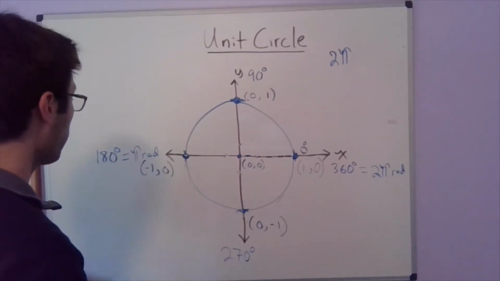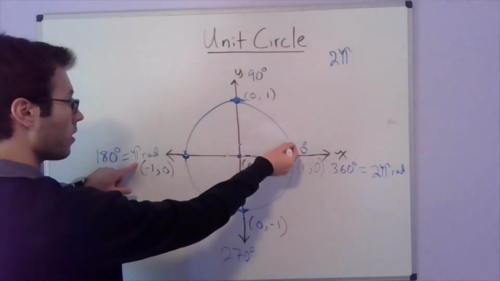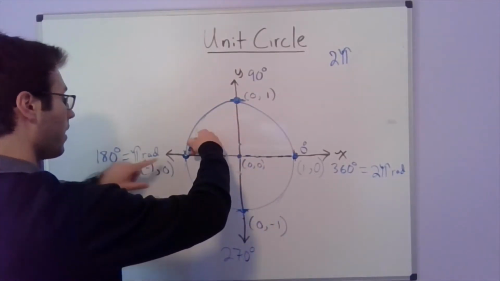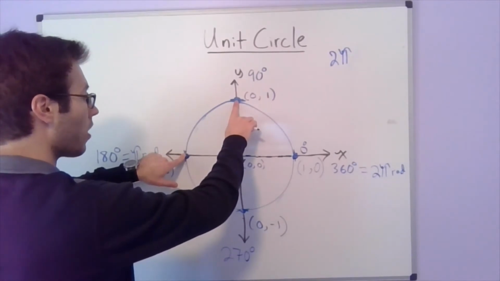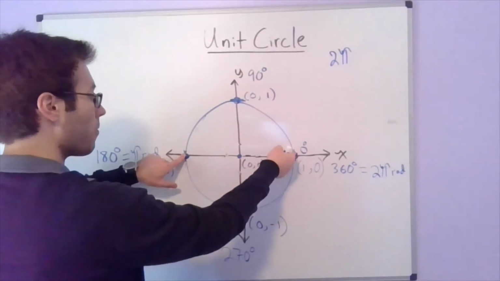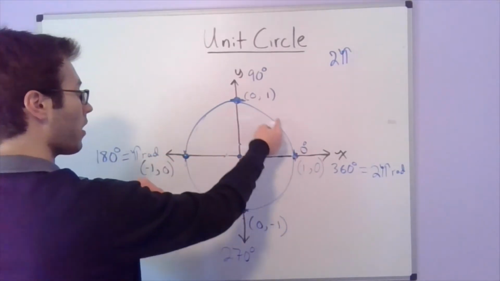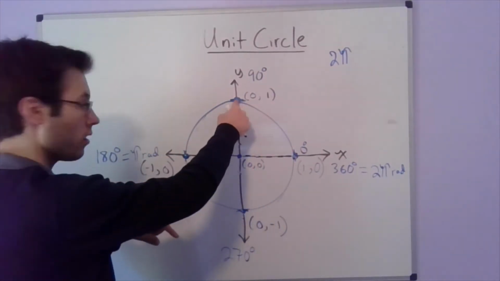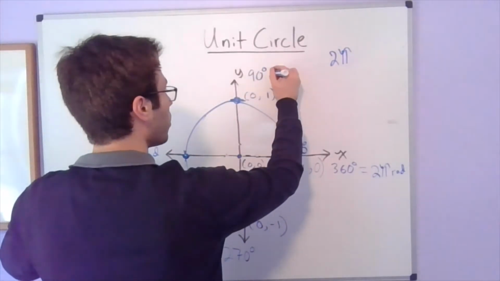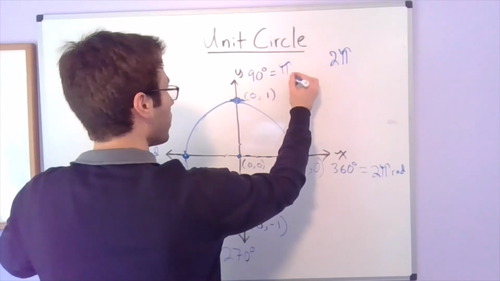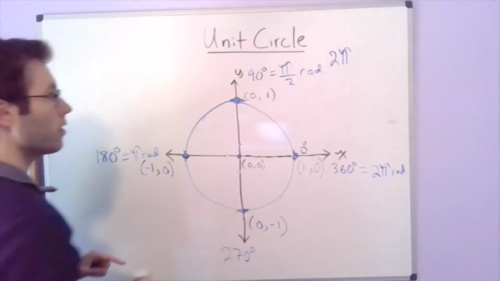Then, if we cut this in half again, think of this arc length from here to here, that's just half of it. So this is pi, so this must be pi over 2. Instead of writing 90 degrees, we could write pi over 2 radians here.